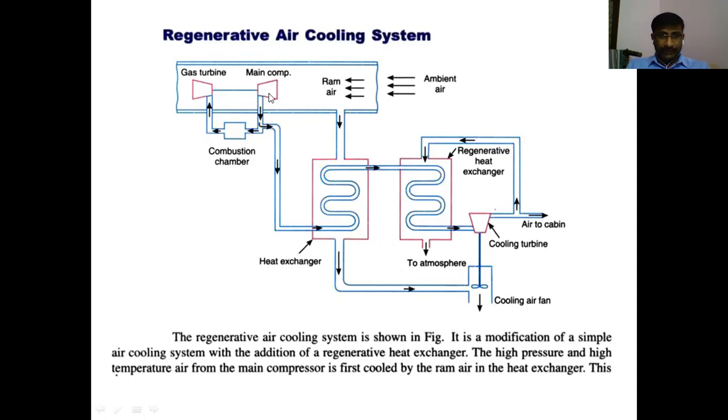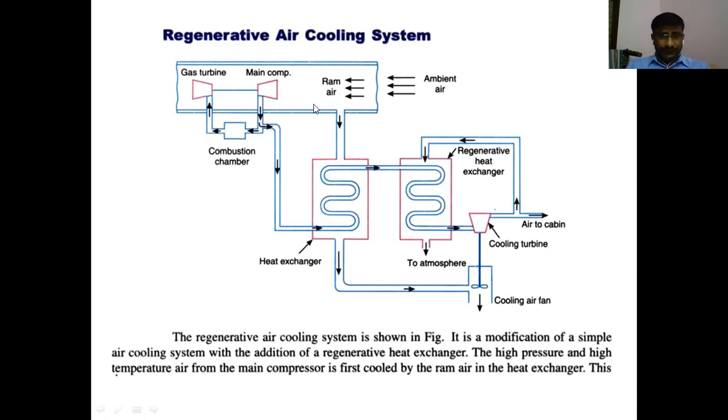In the main compressor, the air is compressed. Out of this compressed air, some amount is again diverted towards the first heat exchanger, second heat exchanger and cooling turbine, then the cabin, and the remaining amount will be sent to the combustion chamber, then the gas turbine, then the nozzle, which is exhausted to the atmosphere to produce thrust for the aircraft.